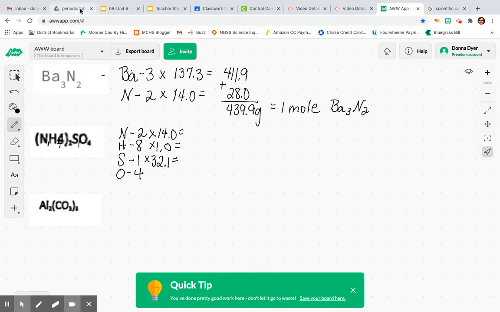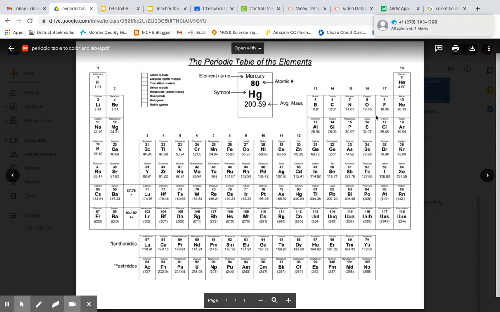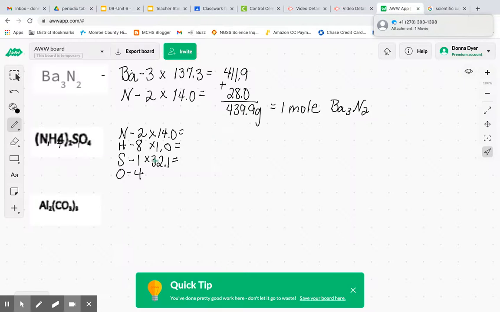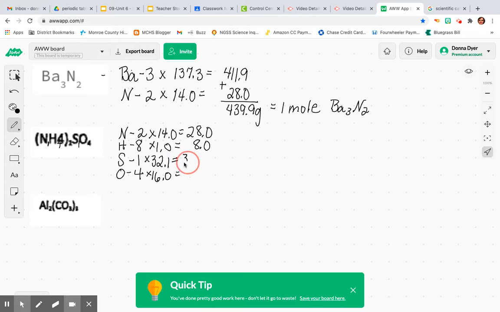And then oxygen, 16.00. That second 0 does not change that first 0, so it's just 16.0. Now we multiply 2 times 14.0, 8 times 1.0, 1 times 32.1, and 4 times 16.0. And then I'm going to add all of those together.